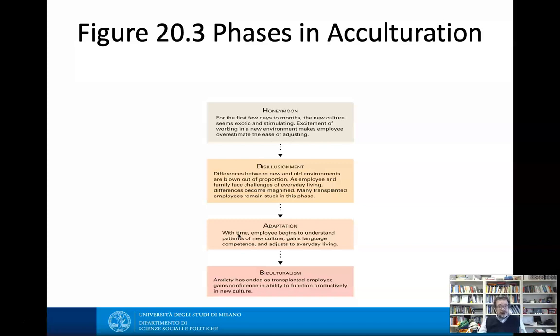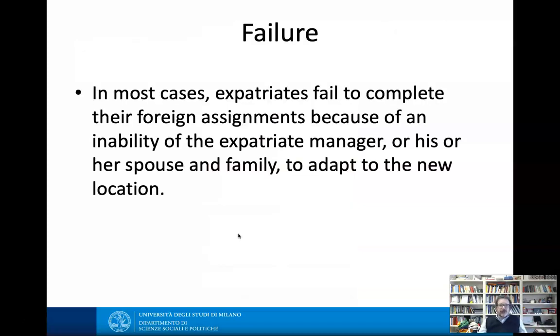This process is very complex, and all people in the family need to go through that, which is a major factor affecting failure. Because maybe the manager is going through that, but not necessarily the case for her kids or her husband or his wife or whatever. So actually, that's exactly one of the reasons.